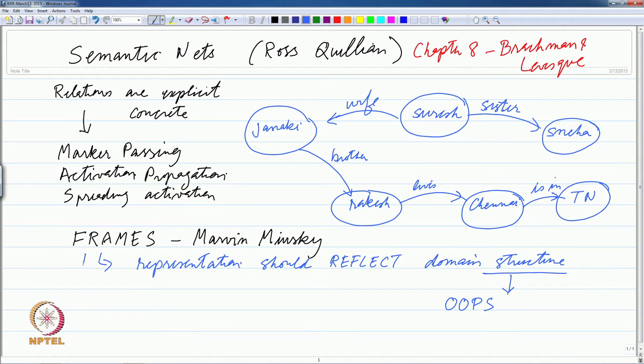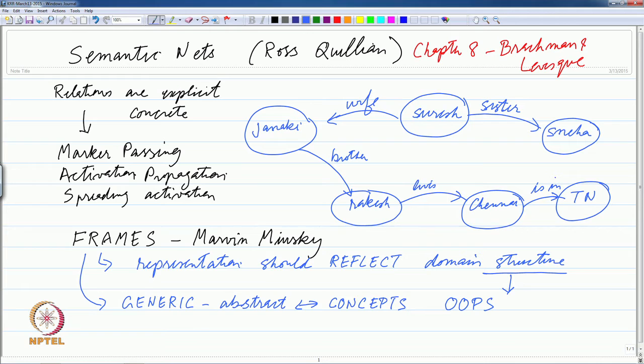And Brachman and Levesque talk of two kinds of frames. One they call generic, we can say abstract, and in some sense they correspond to what we think of as concepts. They are abstract essentially.